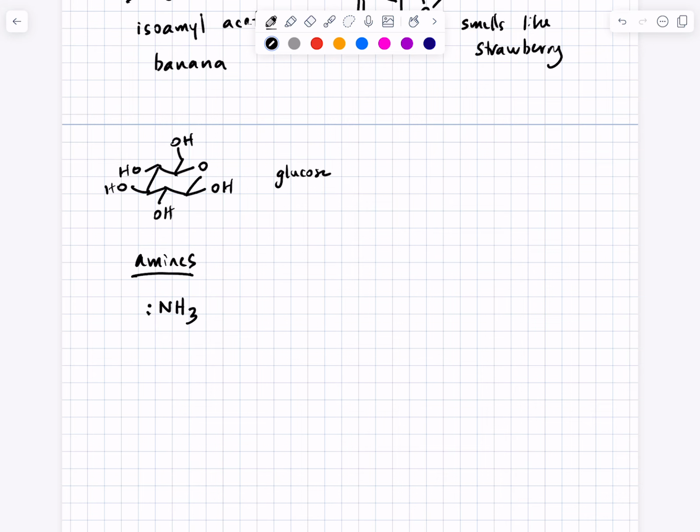Amines generally don't smell very good. They smell sort of acrid and corrosive. If you get to longer and more complicated amines, which I'm not going to draw you any examples of, they smell like rotting fish. Okay.